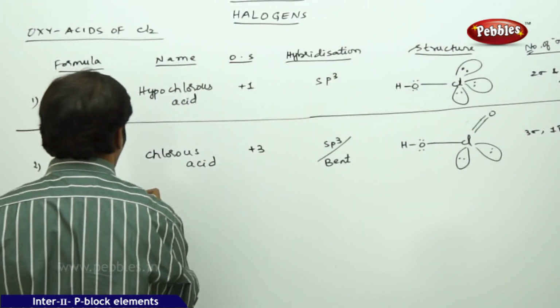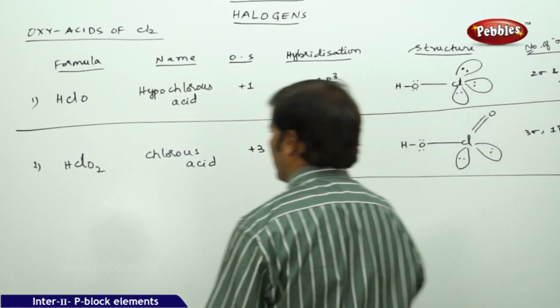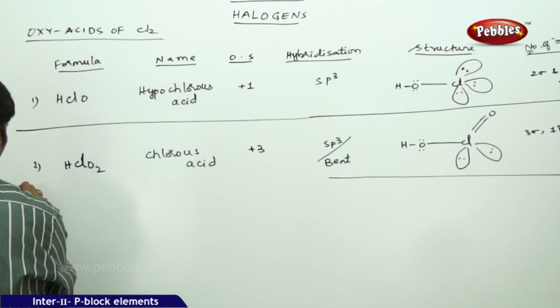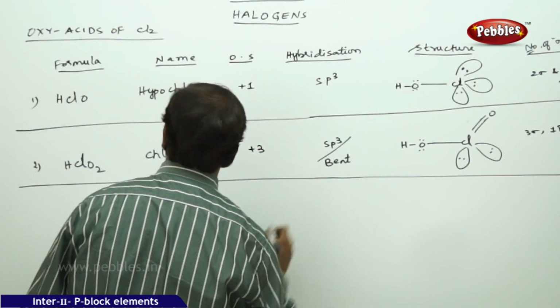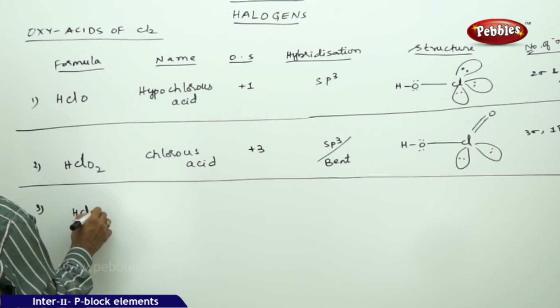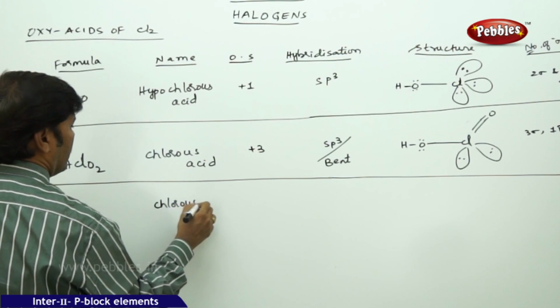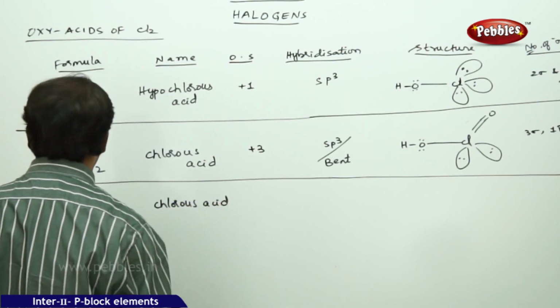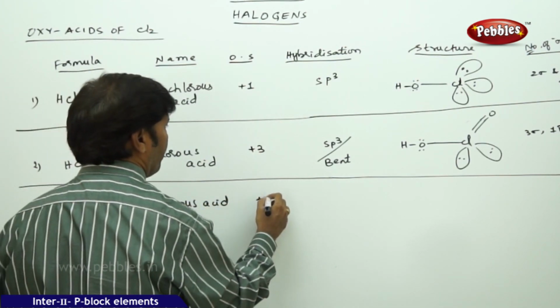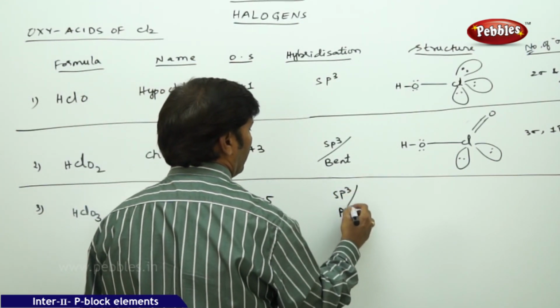Next, the third oxy acid, that is HClO3, chloric acid. The oxidation state is +5, with sp3 hybridization, and this is pyramidal.